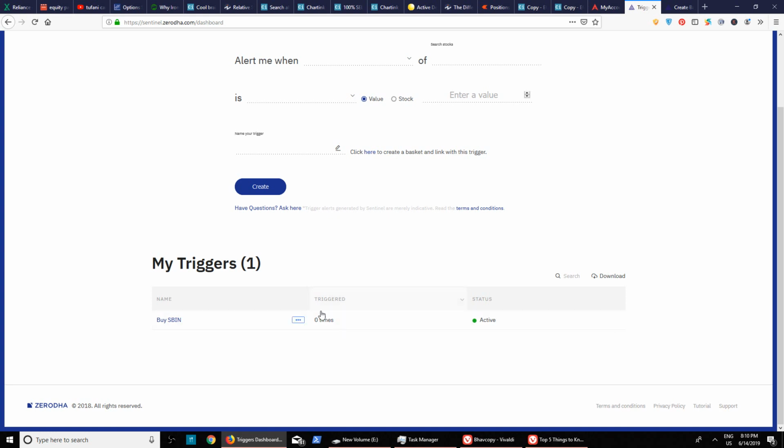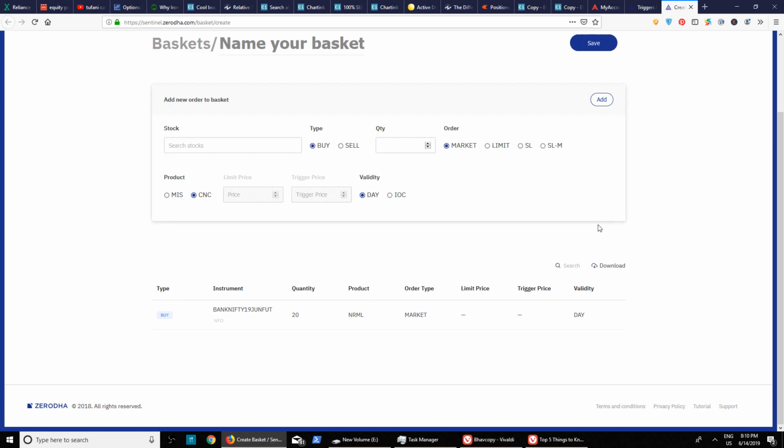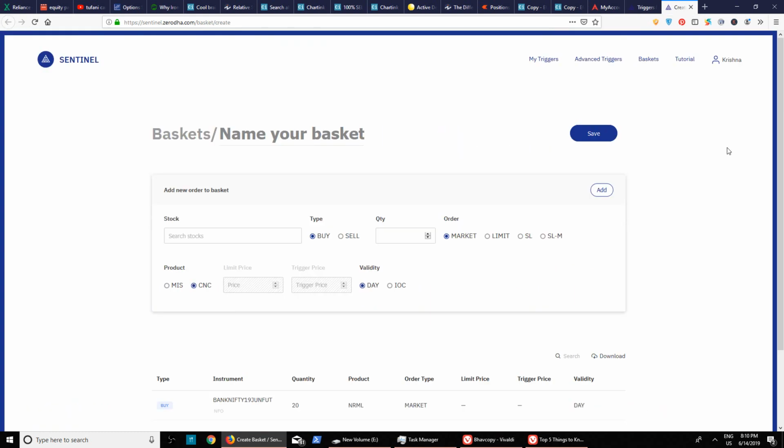Once it will give you, and then after that it will also tell you 2 times or 3 times, how many times it has triggered. So this trigger is connected to a basket, and you can combine both of them so that you don't actually have to track markets every day. So that's pretty much about creating alerts and baskets itself.